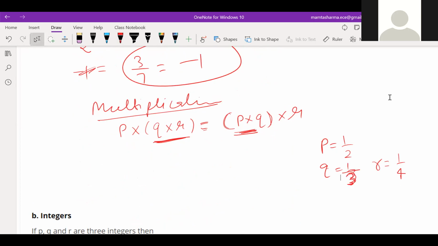Yes, ma'am, it's satisfying. Now, if you have done this multiplication property, check it for the division. Is this true for division or not? Does division satisfy this associative property or not? No, ma'am, it's not satisfying.